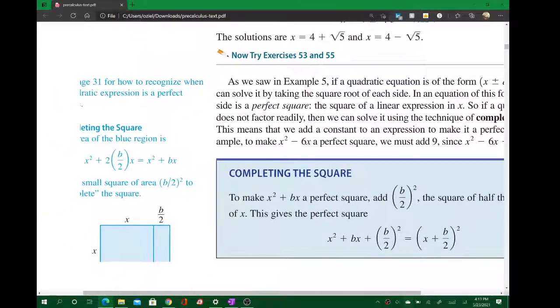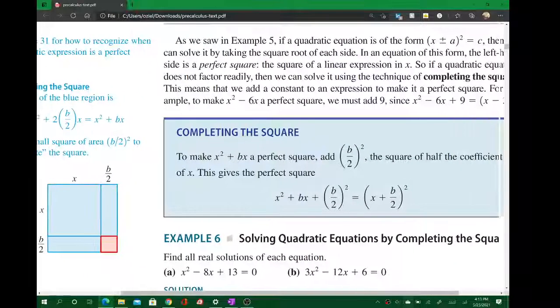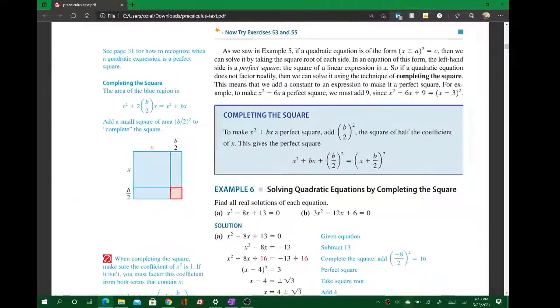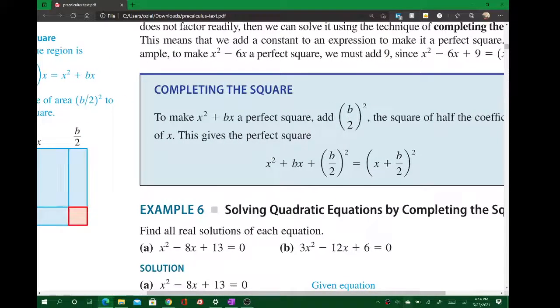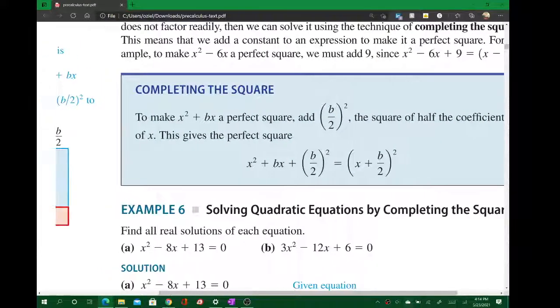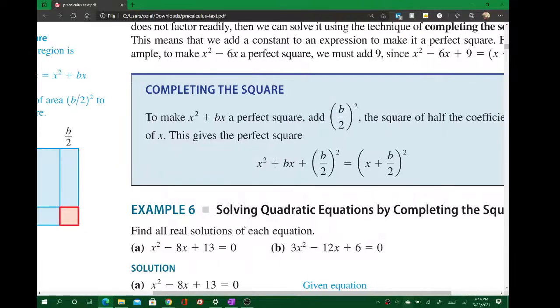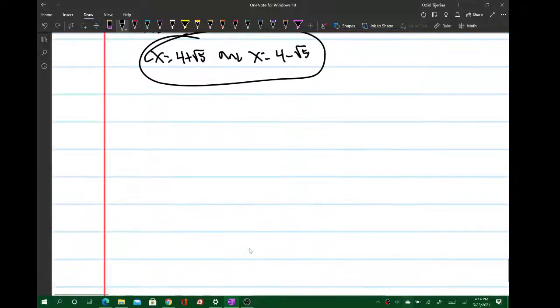Okay, and then we do completing the square, right? This is another thing that we did in college algebra, solving a quadratic by completing the square. Now, x squared minus 8x plus 13 equals 0.